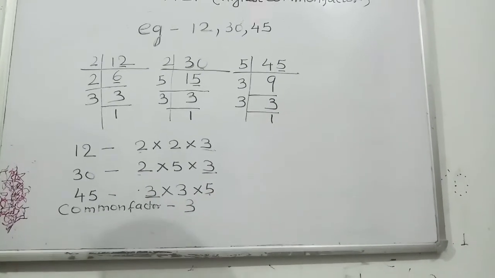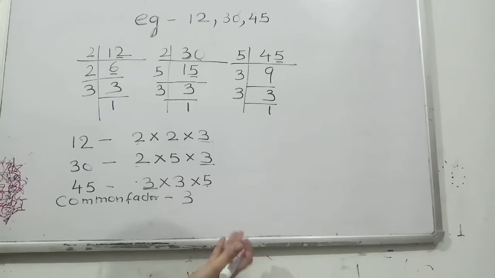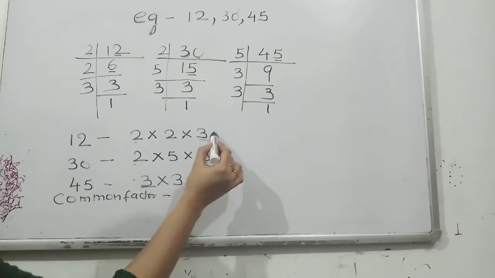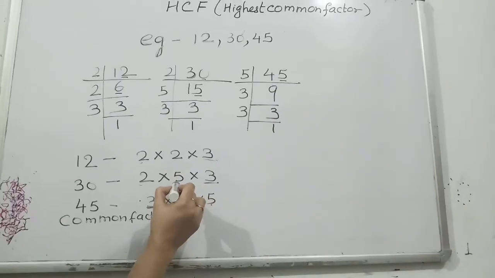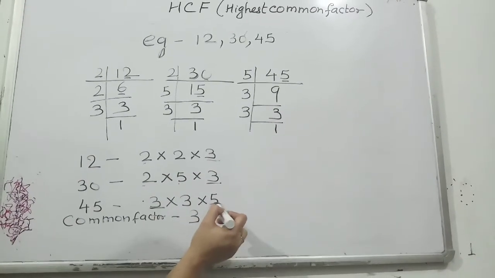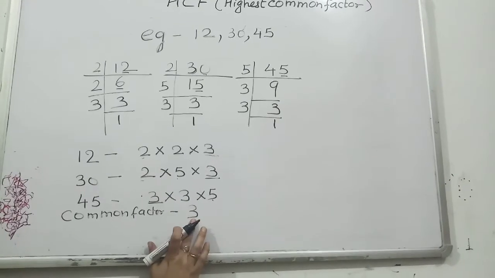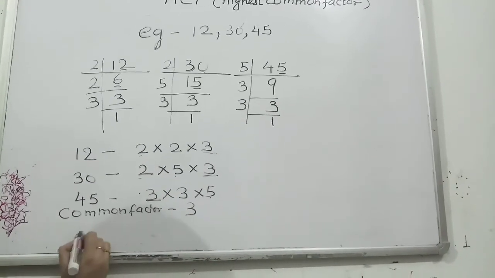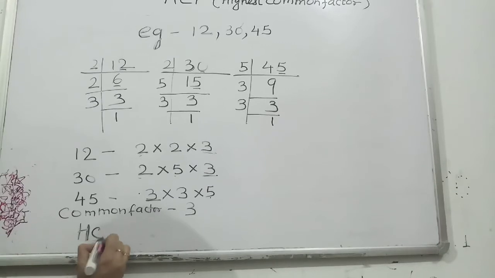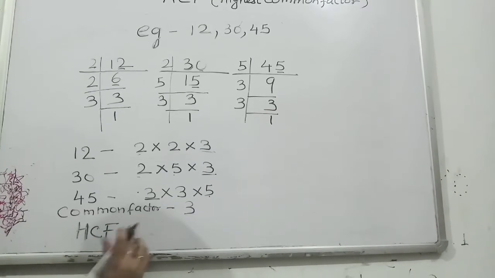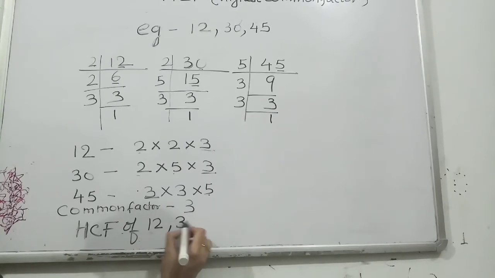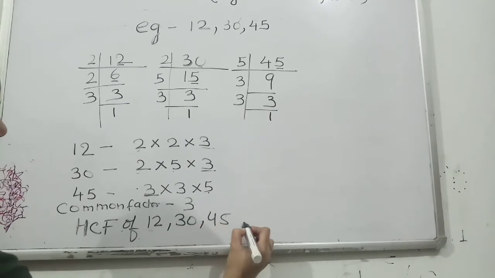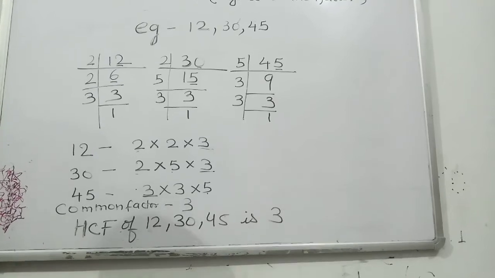So the common factor will be 3. And then start with 5. 5 is not there in the factors of 12. It is a factor of 30 and also of 45. So 3 is the common factor, and finally it will become the highest common factor also. HCF of 12, 30 and 45 is 3.